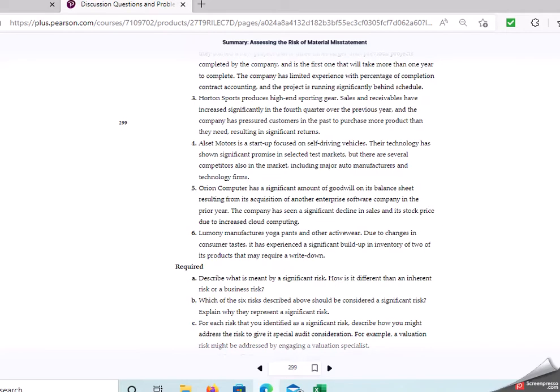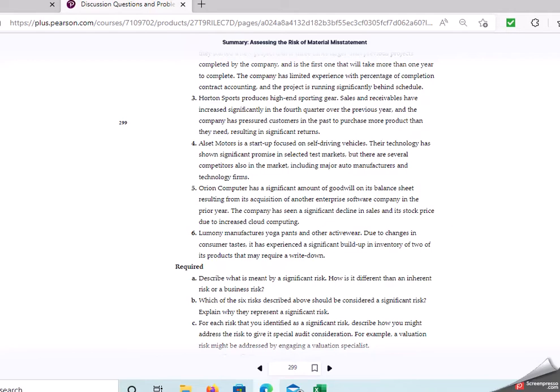Is it accounts receivable? Is it inventory? There can be some inherent risks based on those classes of transactions. Doesn't mean that it's necessarily significant. They just exist. Then business risk is the chance that the client will not meet their business objectives. So they're not going to be successful for one reason or another.